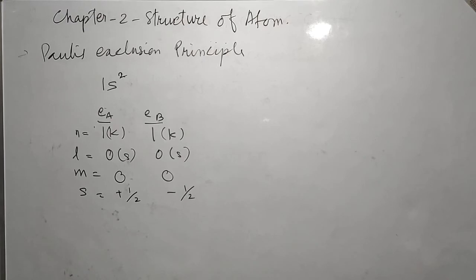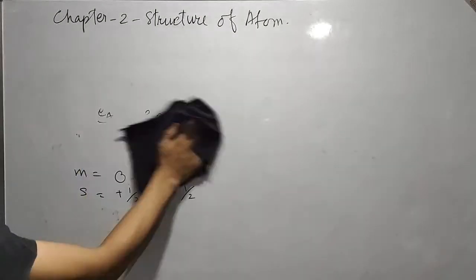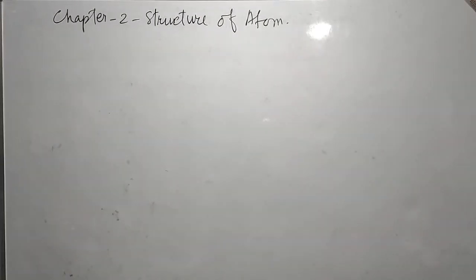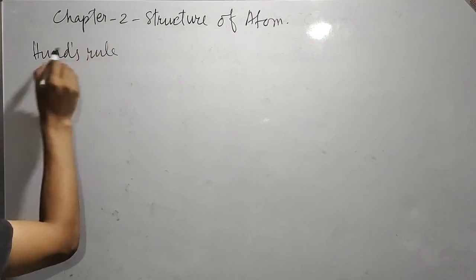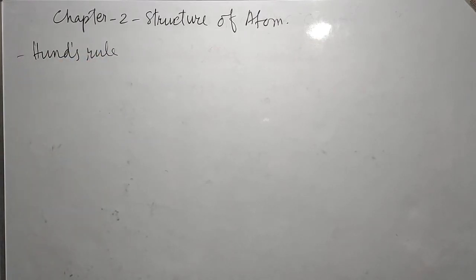Then the last one is Hund's rule, also known as Hund's rule of maximum multiplicity.